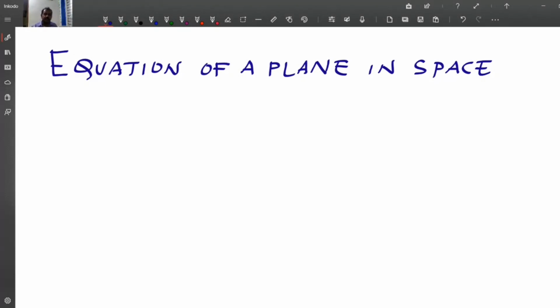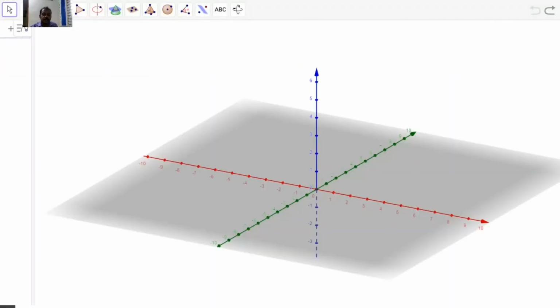We consider the GeoGebra window to find the equation of the plane, and we are going to construct something here.